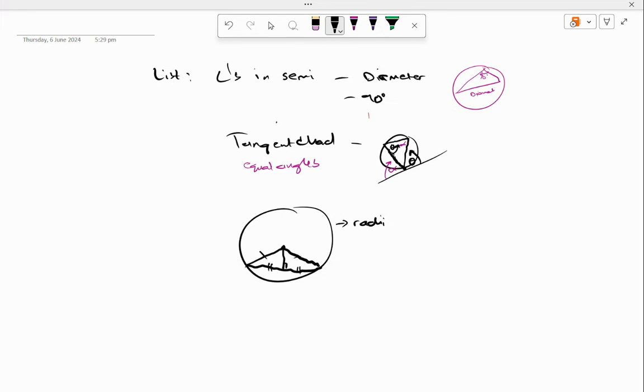You've got radii, which are equal, which are the sides of an isosceles triangle. So it actually causes the isosceles triangle to exist. And if you have an isosceles triangle, it comes with equal angles. One pair of equal angles on the inside there.